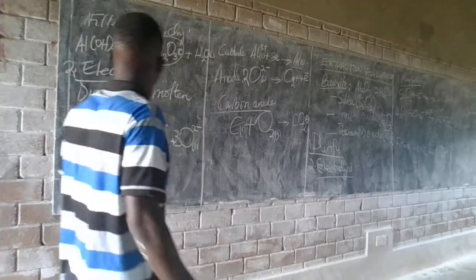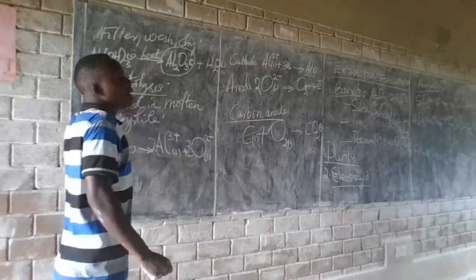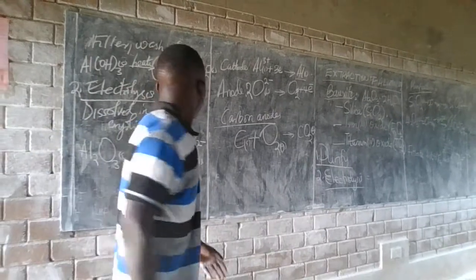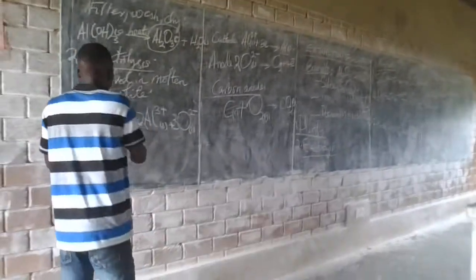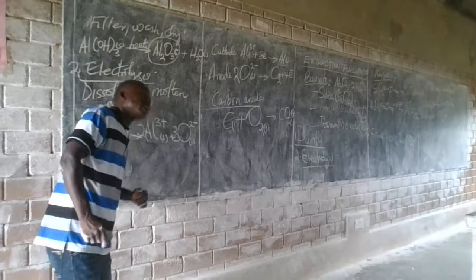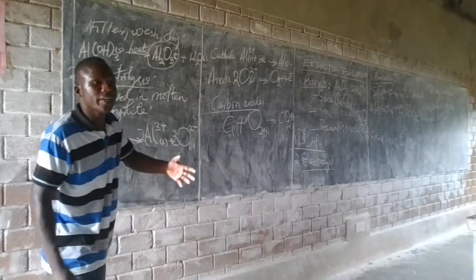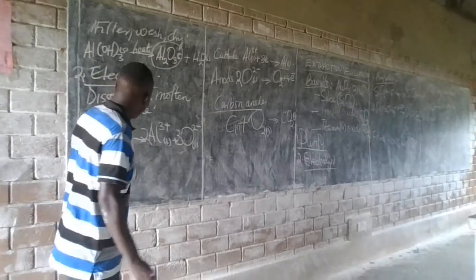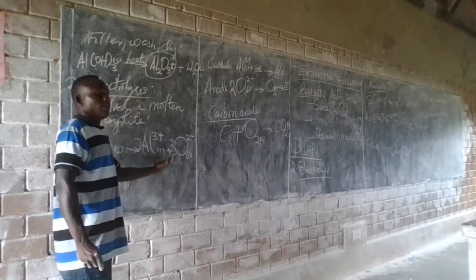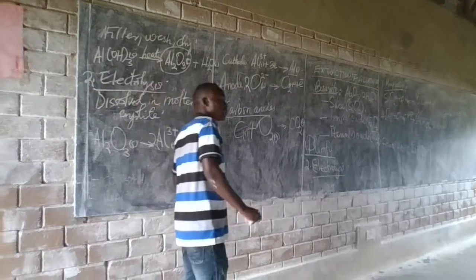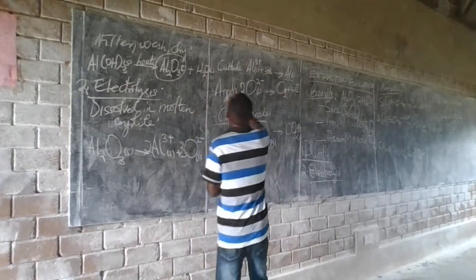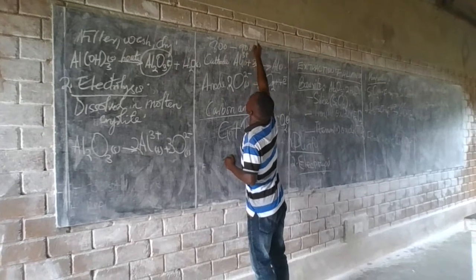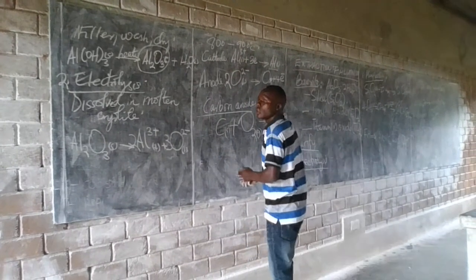So after purifying the ore, we come and electrolyze it. But before the electrolysis, we are going to dissolve the aluminium oxide in molten cryolite to lower its melting point. Okay? So when we lower the melting point, we now electrolyze it at a temperature of 800 to 900 degrees Celsius.